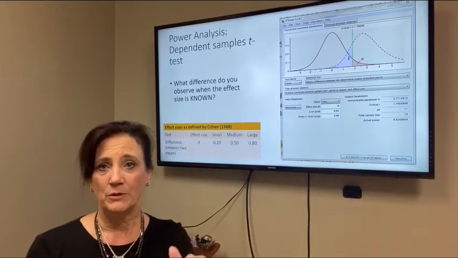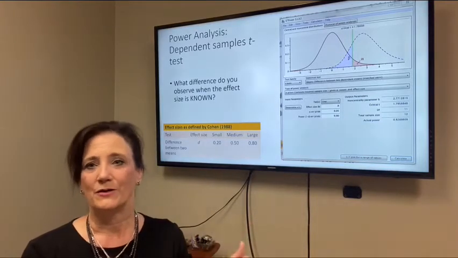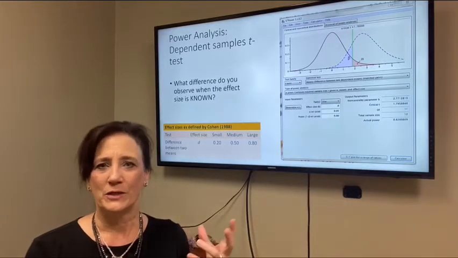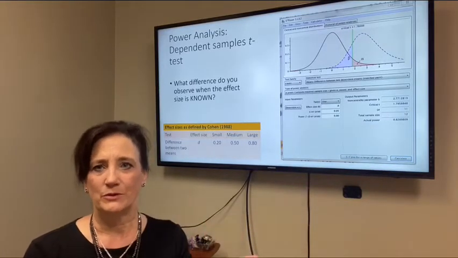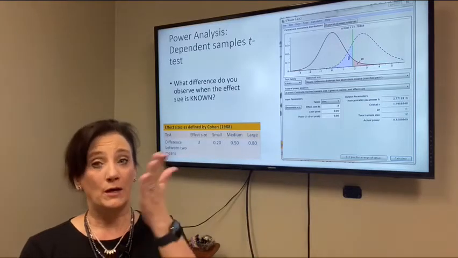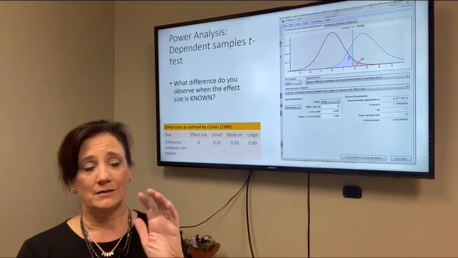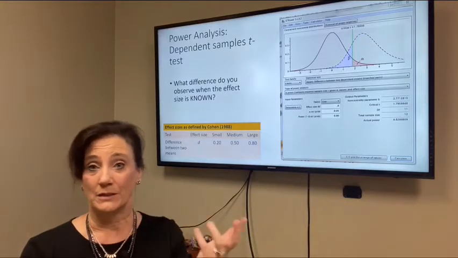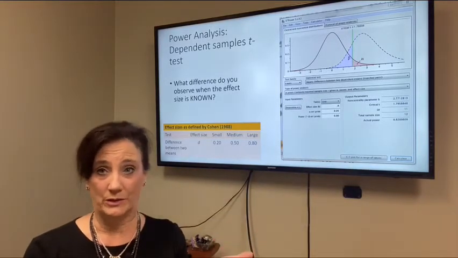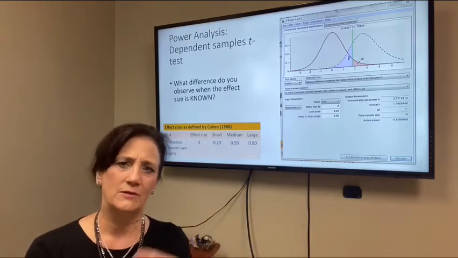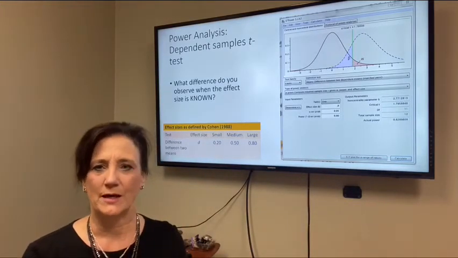But just because I put out 12 surveys doesn't mean that all 12 of those people, if I do a random sample, right, are going to respond. So I oversample, considering the fact that I'm probably not going to have anywhere near a 100% response rate. So think about that too as a justification for increasing your sample size.